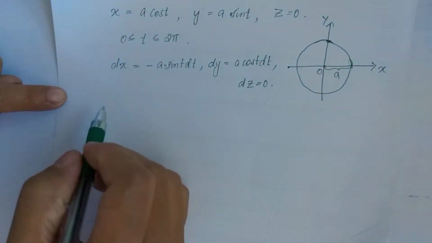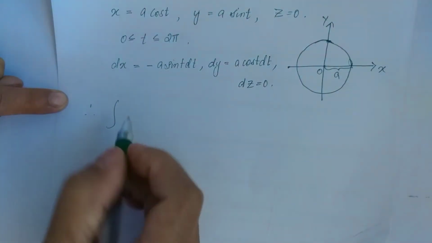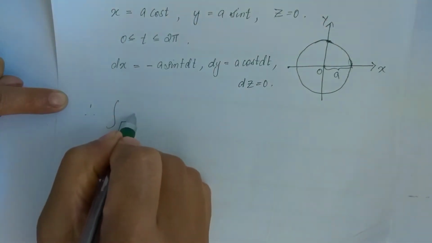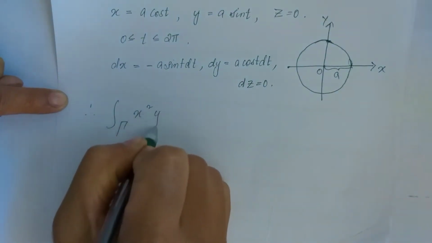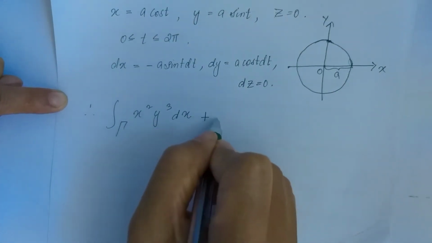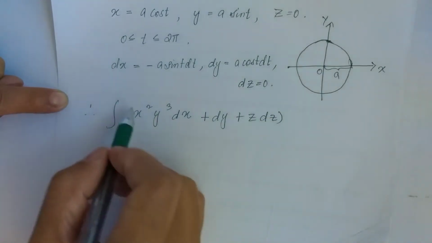Let us find the curve integral first. Therefore, the curve integral will be x squared y cubed dx plus dy plus z dz.